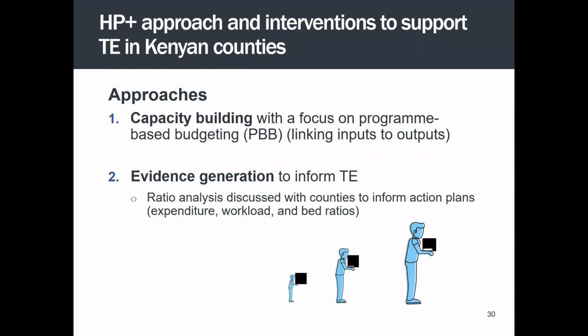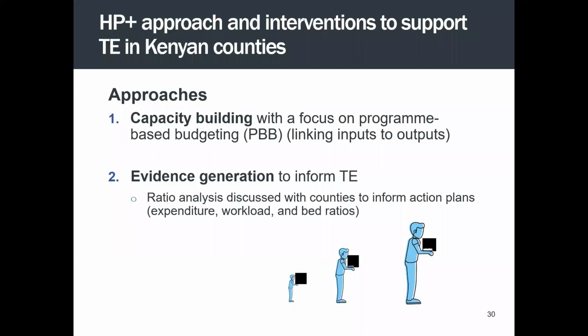Now, our approach in Kenya, in the counties, is two-pronged. We use capacity building, where we build capacity of county teams to be able to prepare their budgets in program-based budget format.